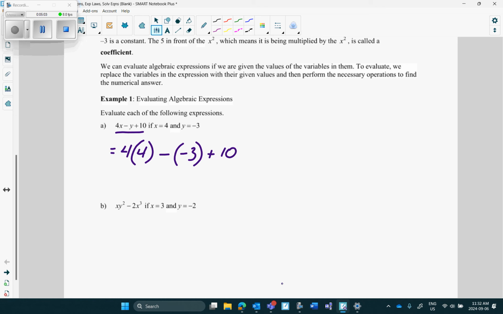So now I've got all numbers, I just calculate using proper order of operations. 4 times 4. This becomes plus 3, plus 10. So it's actually 16 plus 3 plus 10, 29. That's our final answer.